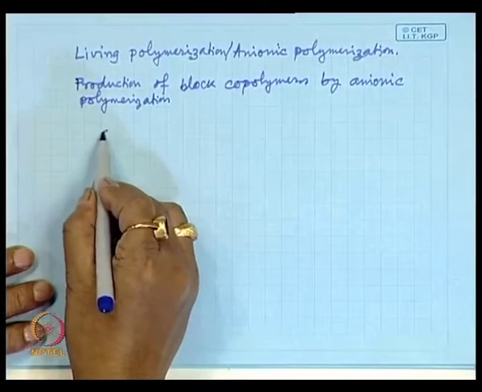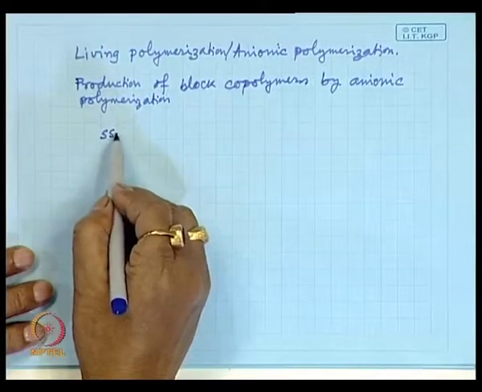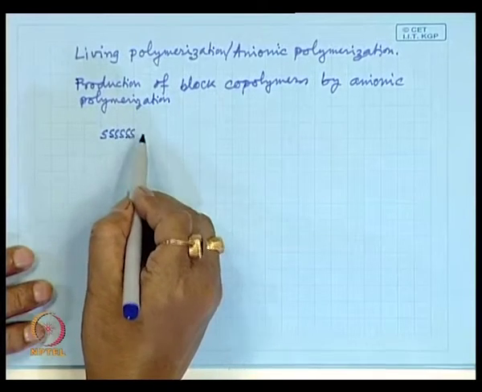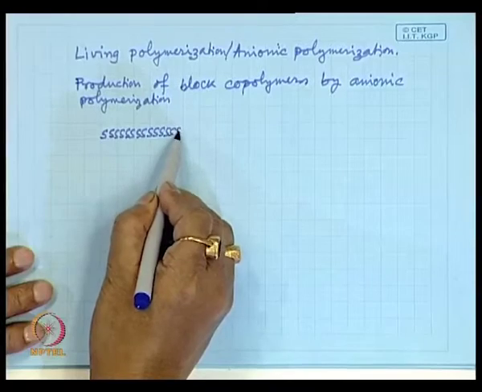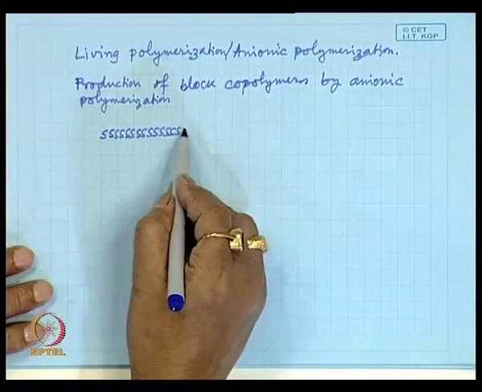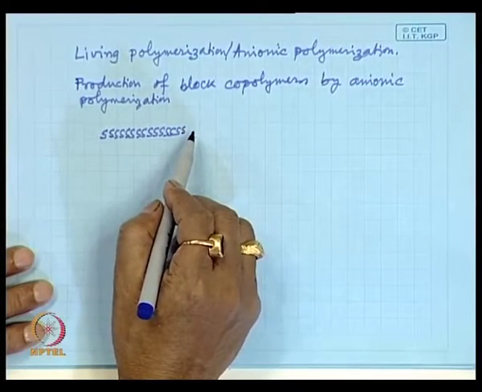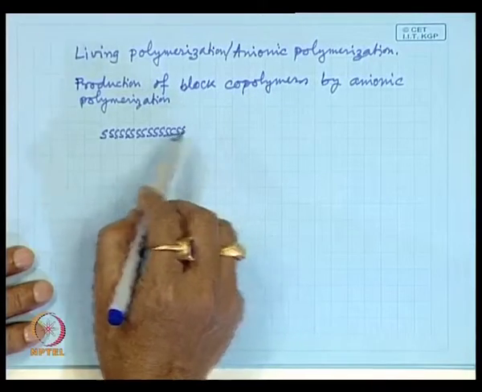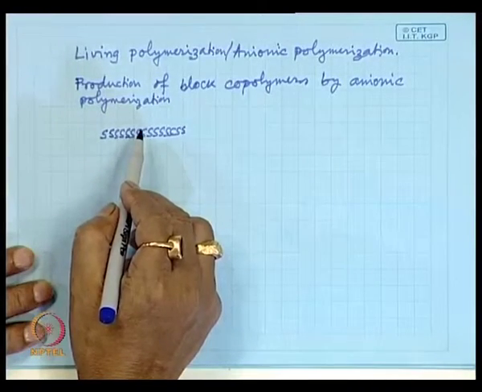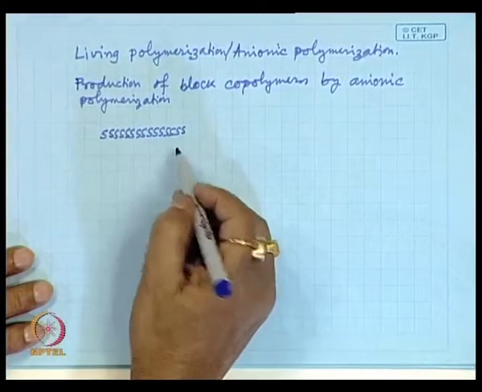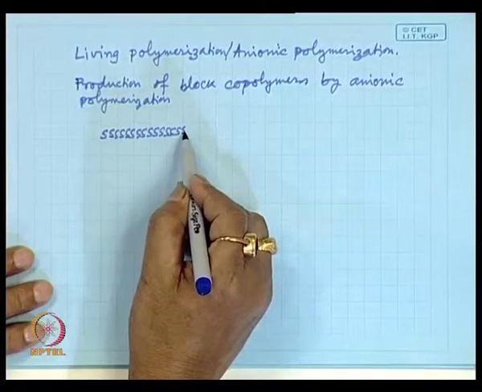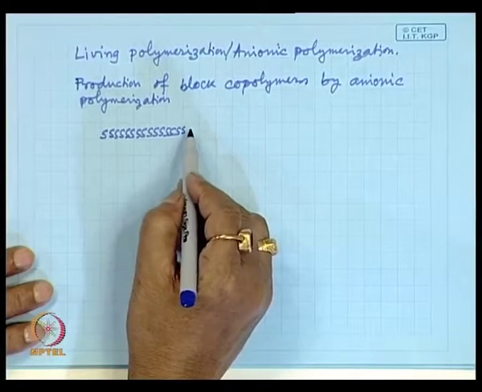Suppose you have taken styrene, you polymerize the styrene to produce a block of desired, known length, a block of polystyrene. Say maybe this block length may be 10,000 molecular weight. Then this center remains alive, it will not terminate. Then you add butadiene.